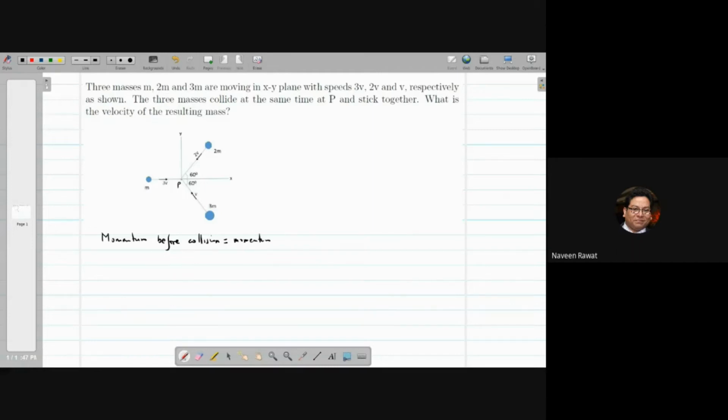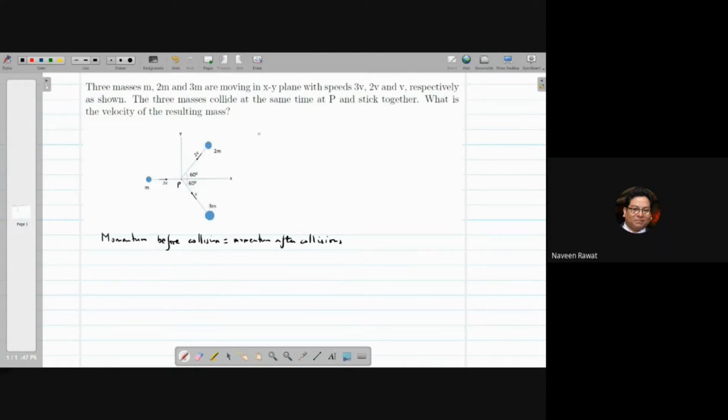Okay, and this is what we have to use. Even though the masses are sticking to each other, which is the case of an inelastic collision, this law is valid, right? So what we have to do is decompose the momentum in the x direction and decompose the momentum in the y direction.